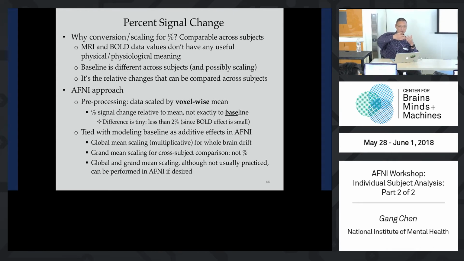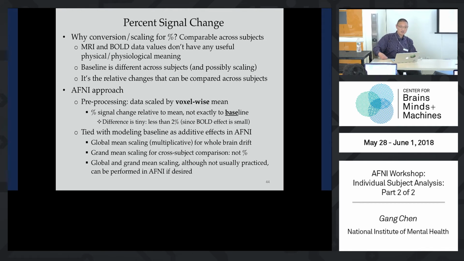We can interpret that as an approximation of percent signal change relative to the baseline. That's why in AFNI the beta values are interpretable, and we call that percent signal change. Remember that I said it's an approximation.